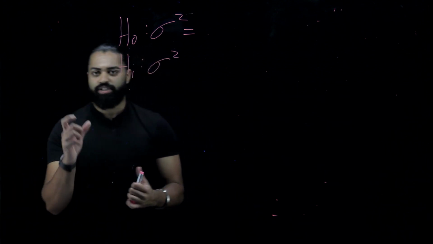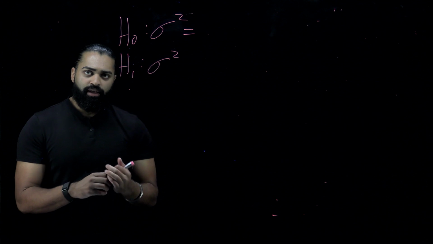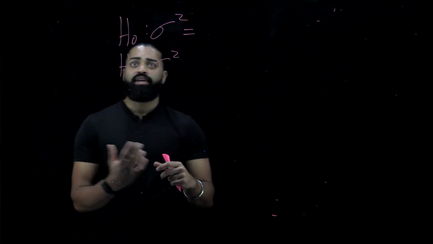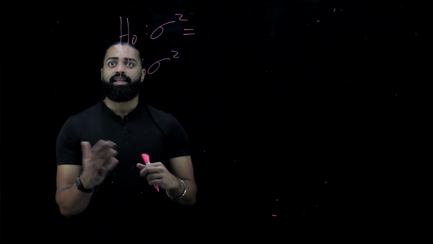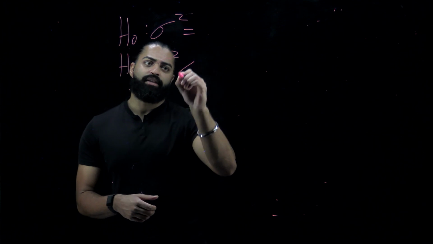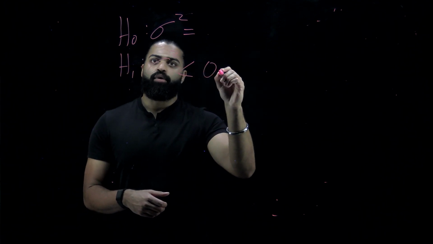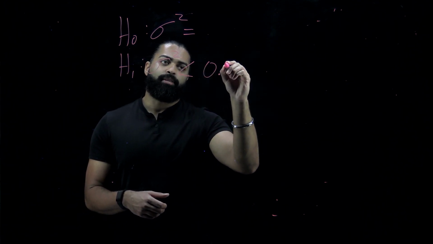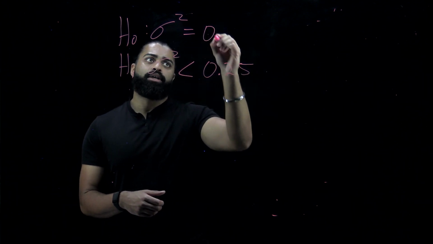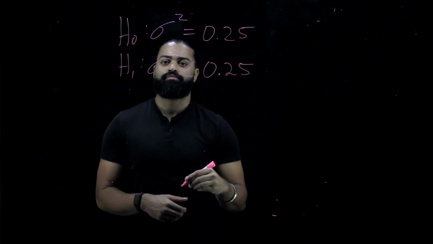So again, the keyword that jumps out at you is variance. If you read through the problem, you'll notice that the alternative is asking if the variance is less than claimed. And what was claimed was 0.25 ounces squared. So it's going to be a left tail test for variance, making the null equal to 0.25.